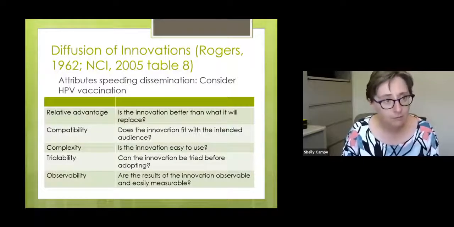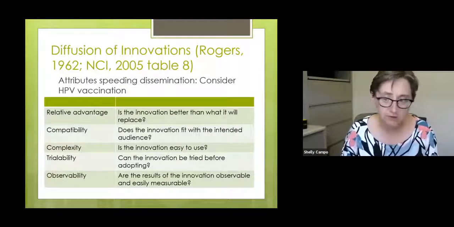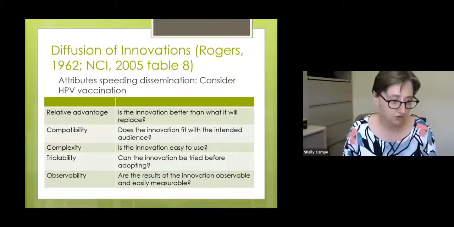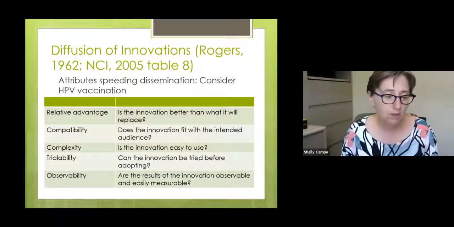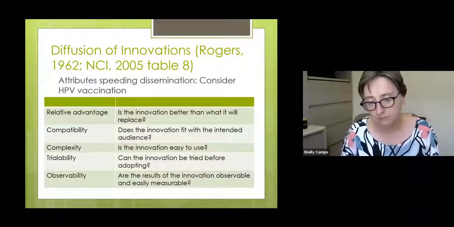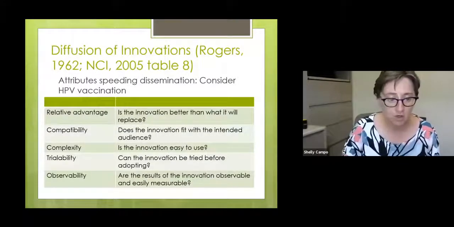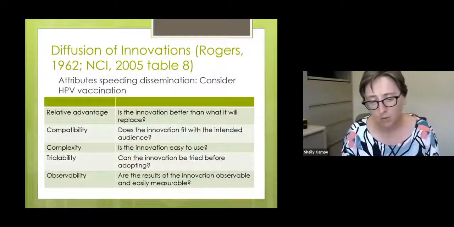Can I try it before I have to adopt it? There are some things that you can easily try. Often we have food samples in grocery stores, for example, which allow us to try a product before we buy them. We don't necessarily allow people to try a blood test, right? I mean, I guess you can try one and then you have another one in the future, but it's not quite the same level of ask.